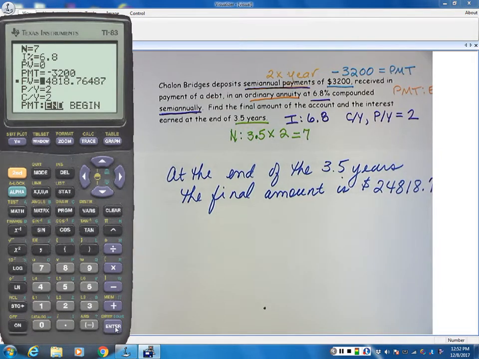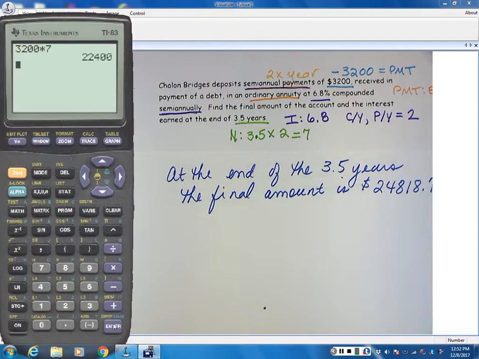Now, of that amount, he paid in $3,200 7 times. So he paid in $22,400.